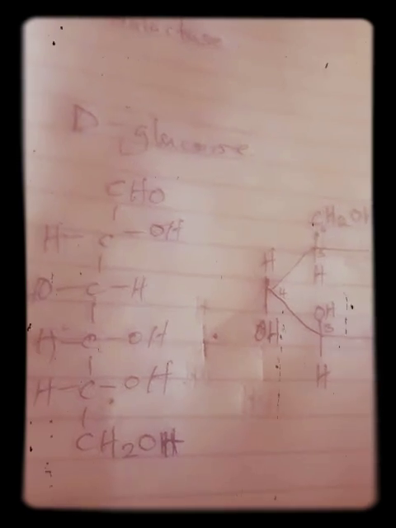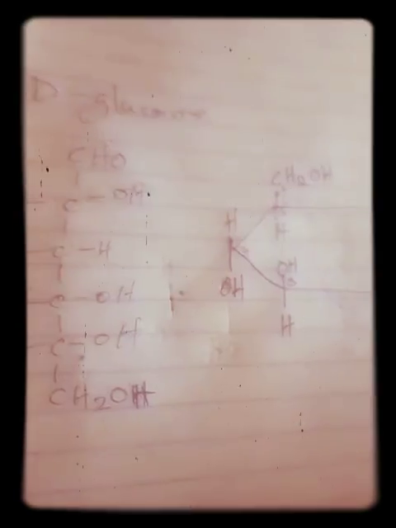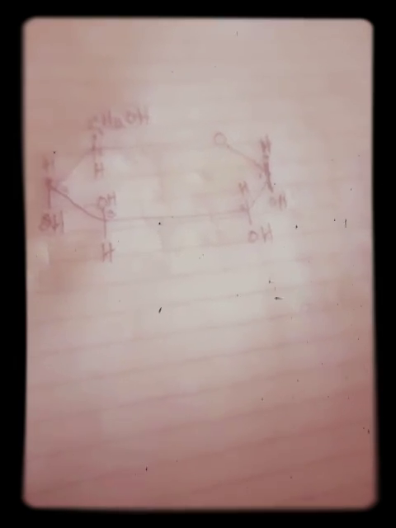It is always this way, where the CH2OH is on the sixth carbon and on the fifth carbon down we have an H. So this is basically how D-glucose is written in Haworth form. This is how D-glucose looks like in Haworth form.